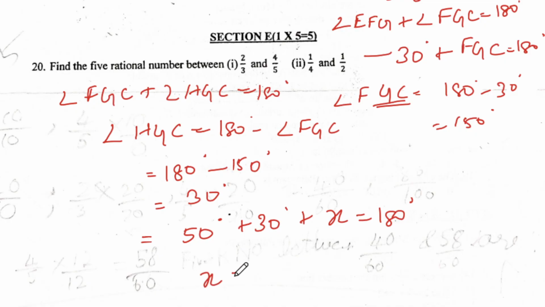So x is equal to 180 minus, 50 plus 30 is equal to 80. So 180 minus 80 is 100 degrees. Okay.